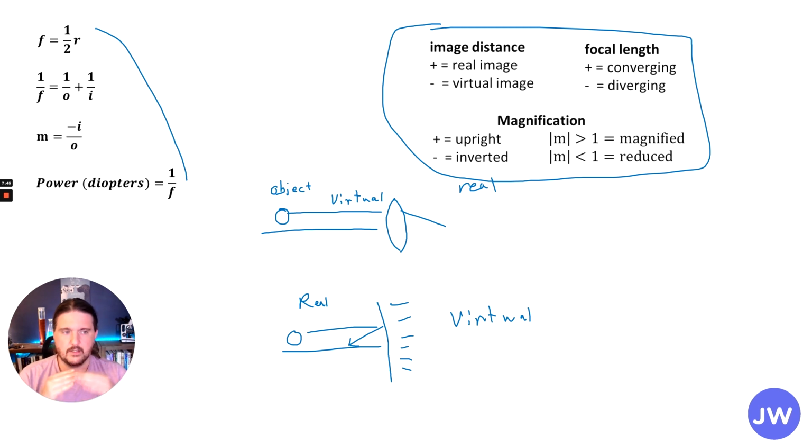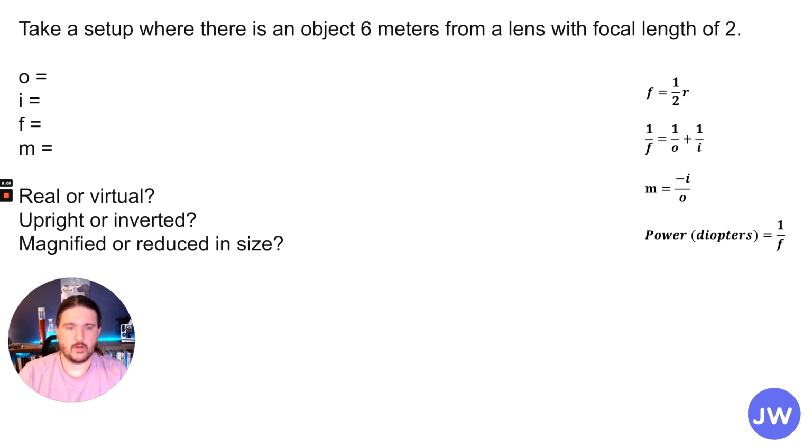The only difference here is, okay, the other side of a lens is real. The other side of a mirror is virtual because light bounces off of a mirror, and so light isn't actually going to that other side. So these are the big things that we need to keep down. And if you've got these equations, you can solve pretty much any question that the MCAT can throw at you. So let's take a second and look at a question.